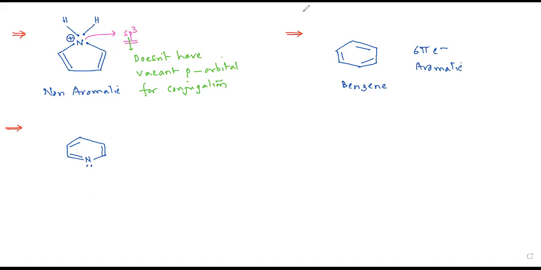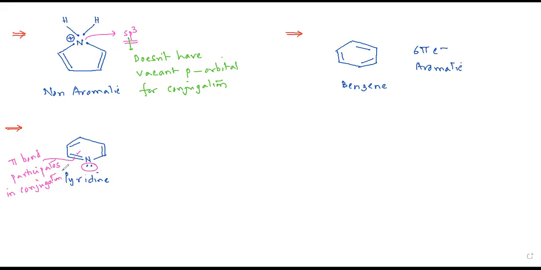So this is pyridine. Even in this case also, because here you got a pi bond as well as a lone pair. The pi bond participates in resonance, not the lone pair. Okay.